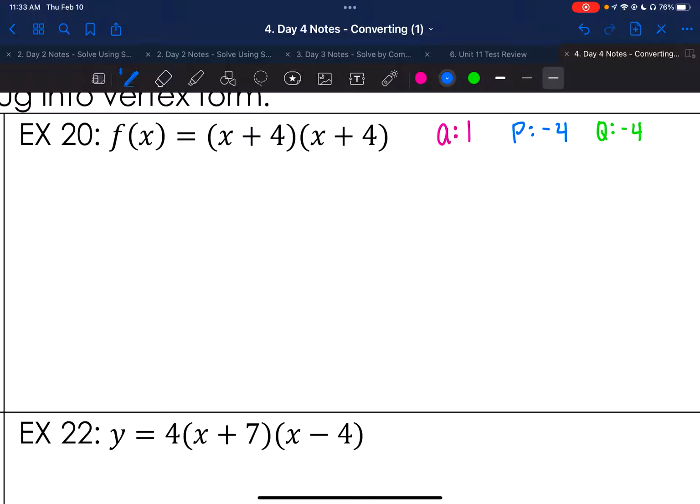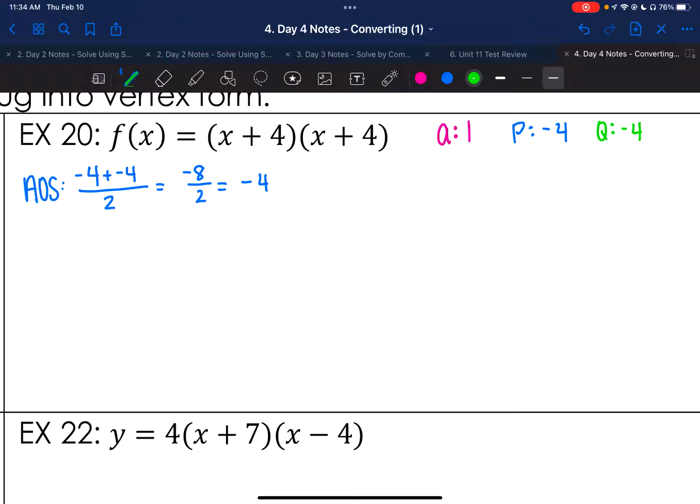First, we'll find our axis of symmetry by adding my p and q values together, so negative 4 plus negative 4, and then dividing that by 2, which is negative 8 divided by 2, which gives me negative 4.